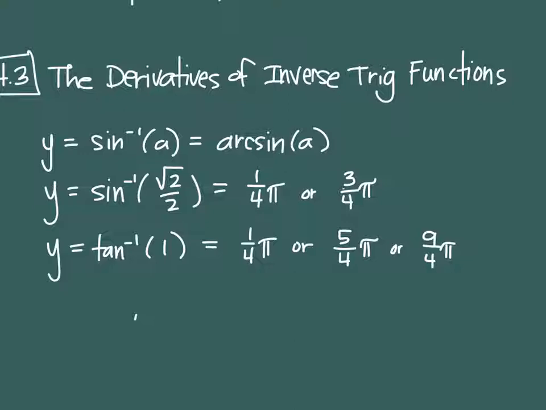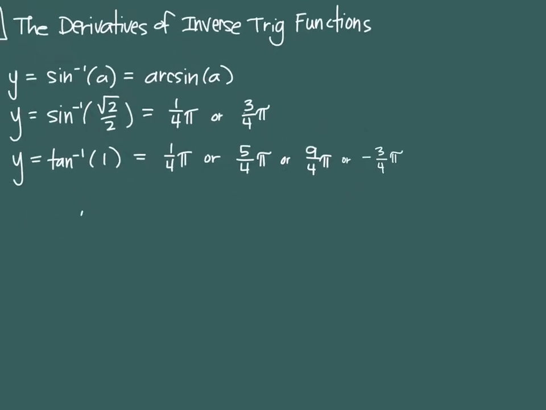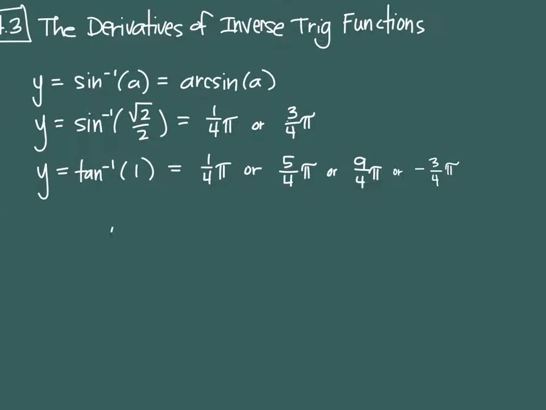It could be negative 3/4 pi. That's back in quadrant 3 again. So there are multiple answers, all determined by what the domain is. Now, if they don't say the domain, if the domain is not specified, then the default domain is quadrants 1, 2, and 4. Quadrant 3, as a default, is never allowed in inverse trig.